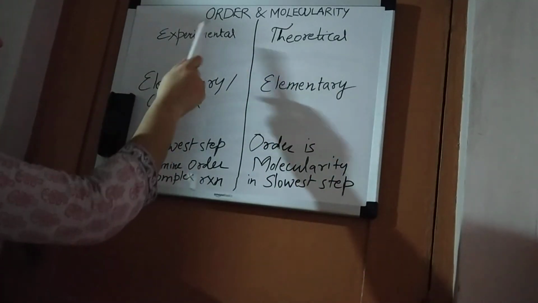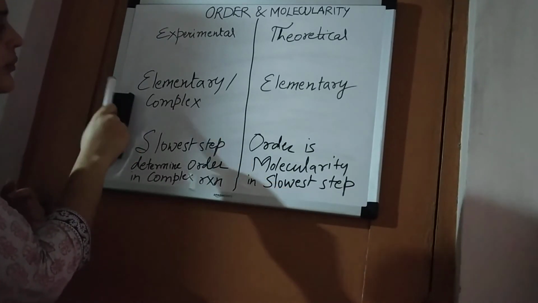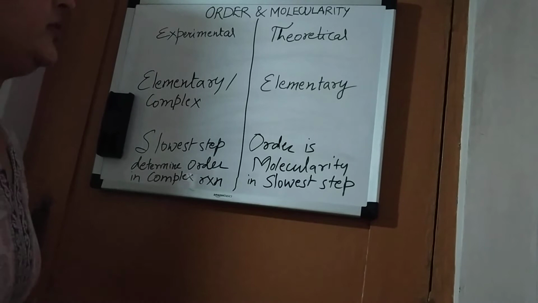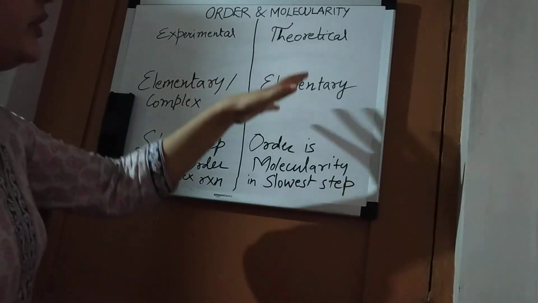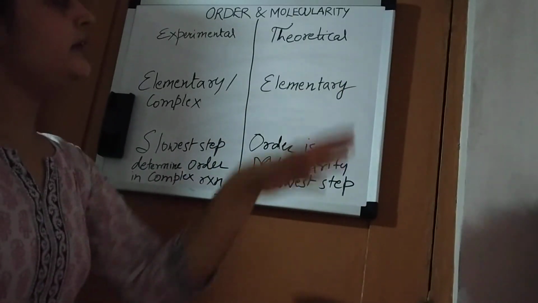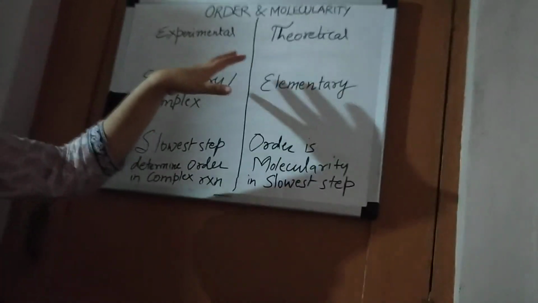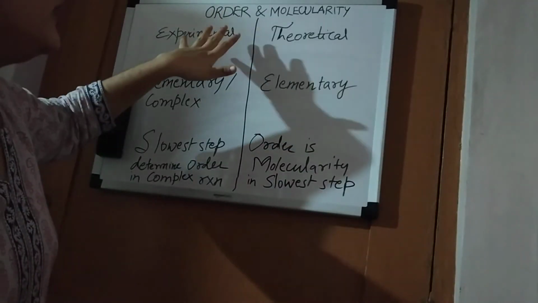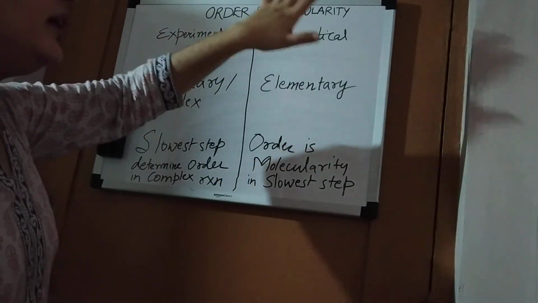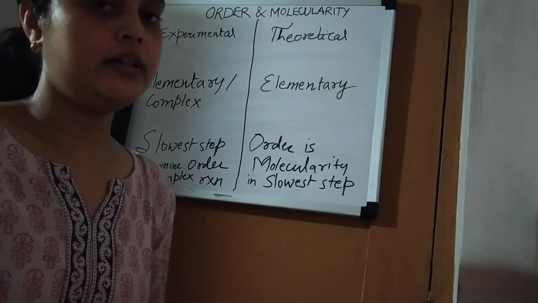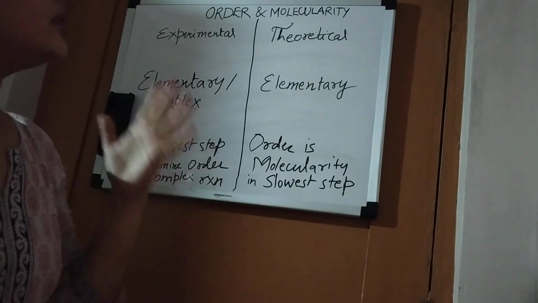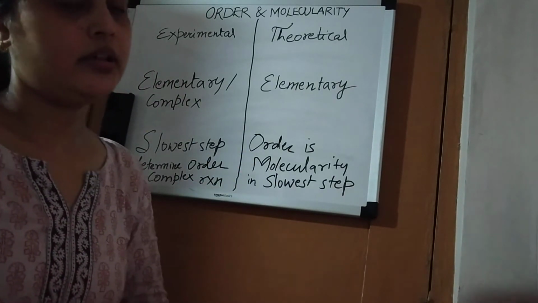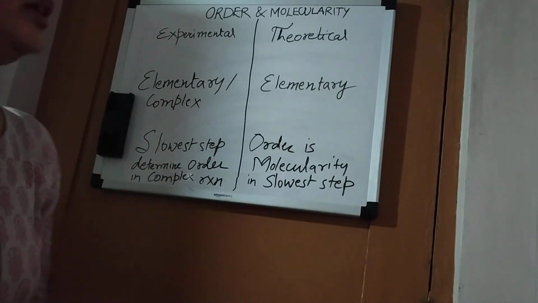Order can be for elementary reactions and also for complex reactions, but molecularity can be found out only for an elementary reaction. Also, order can be 0 or a fraction, 0, 1, 2 or a fraction, but molecularity can't be 0 and can't be a fraction, because the number of molecules reacting or colliding in a chemical reaction can't be 0 or a fraction.